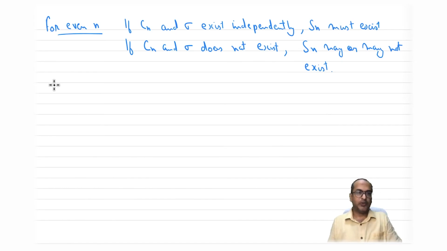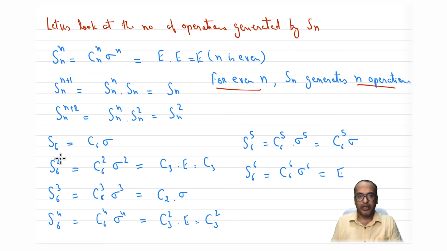Okay. So one more interesting thing, if you notice over here, when S6 was present, three operations were present. There is C3, there is C3 squared, there is E, right?